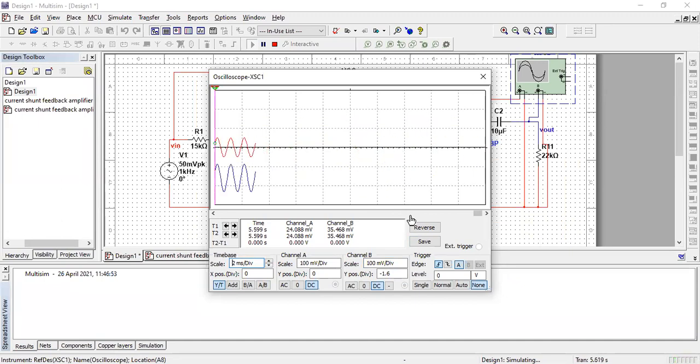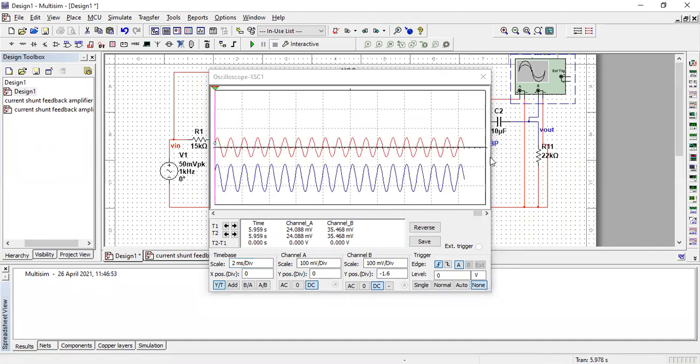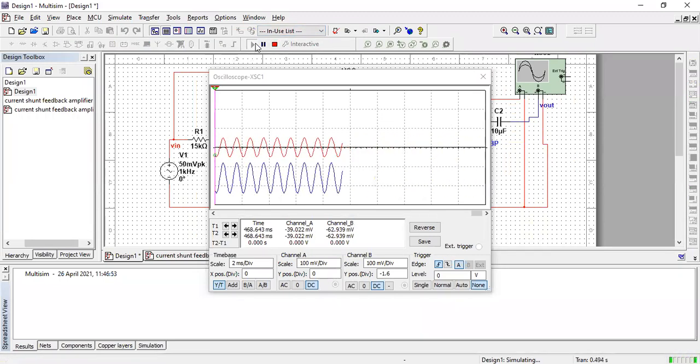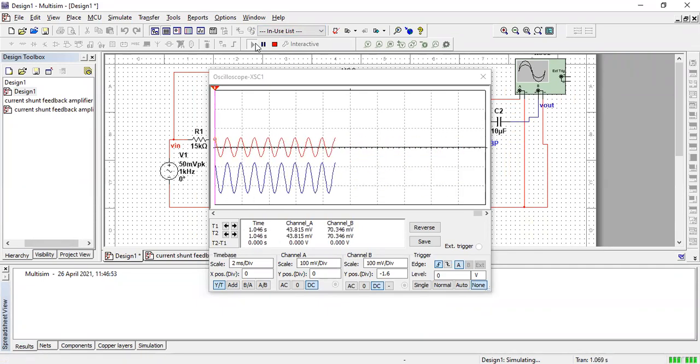We'll see what I get if I remove this load. I'll remove the load. This load is giving, I suspect, less output. Now you are getting somewhat increased output. So we'll see the response. This is the output we got with the feedback.